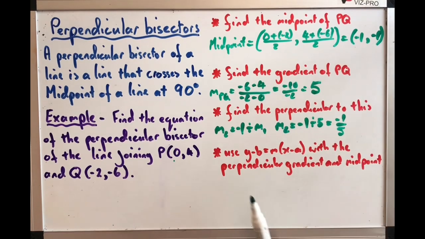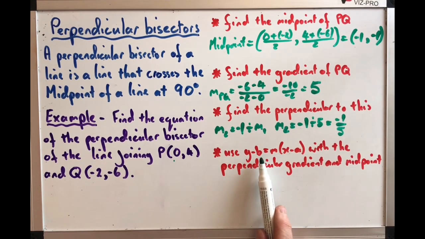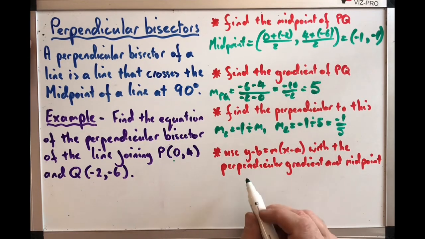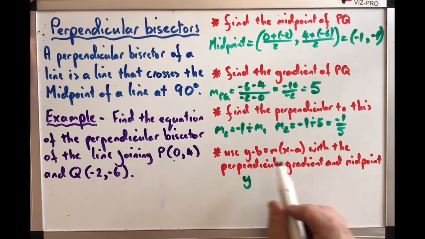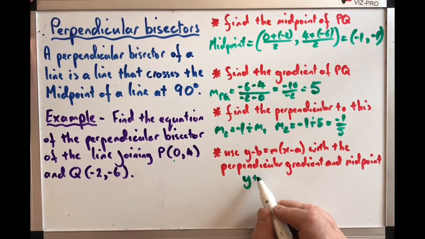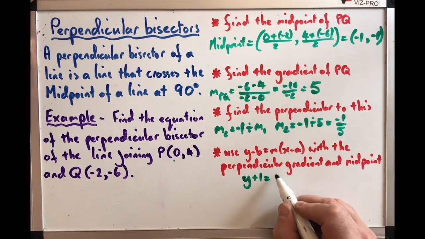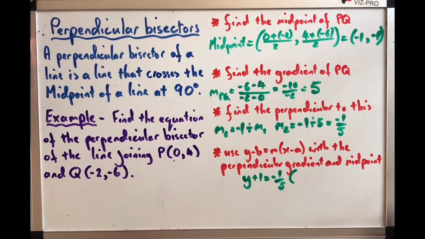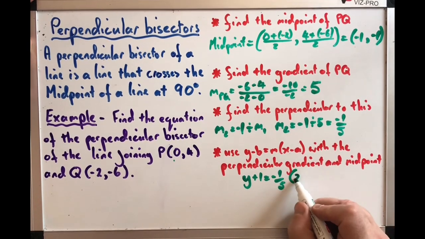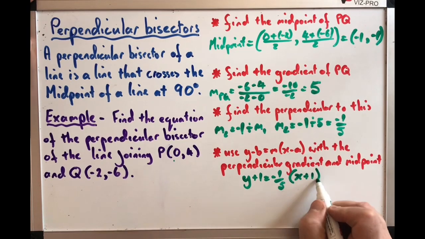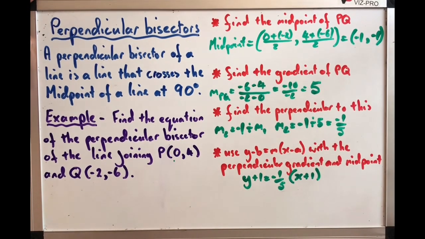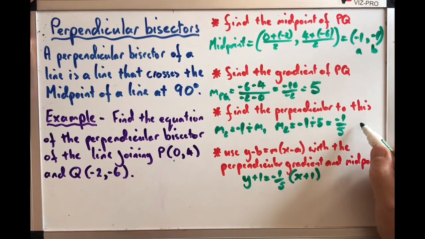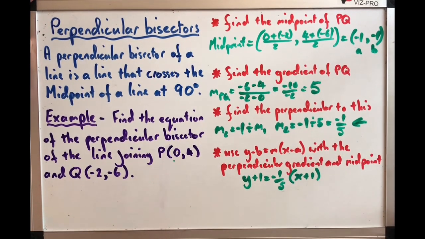Okay, so now we've got the gradient of the line we want and a point on it. So at this stage, we're going to use y minus b equals m(x minus a). So y, now -1 is +1, equals the gradient, which is -1/5. Remember, it's the perpendicular gradient we wanted. (x plus 1), because it's -1. Remember, that was a, that's b, and this is the gradient we are using here.